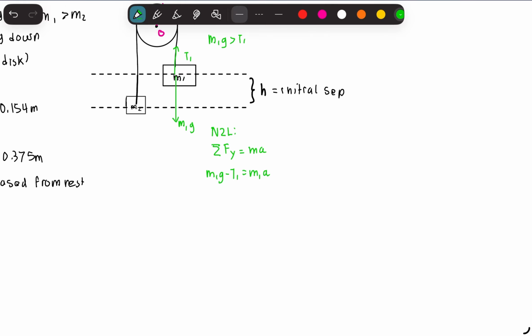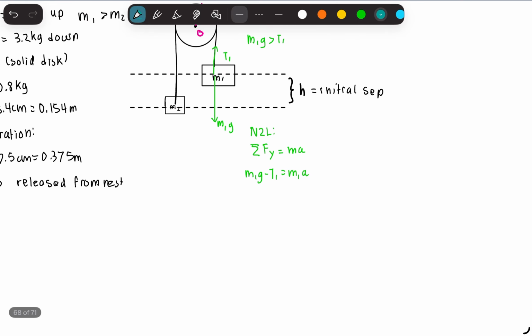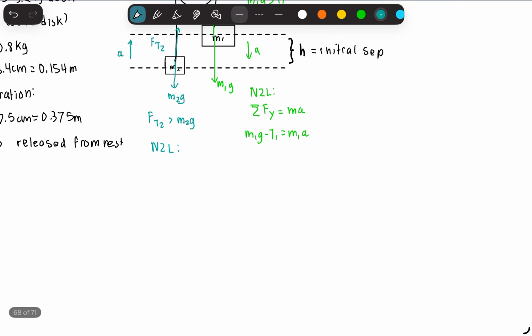M1G has to be the longer arrow. Now let's do mass 2. Down we have M2G. And because it's accelerating up, M2G has to be smaller. Now for Newton's second law, we can write this.